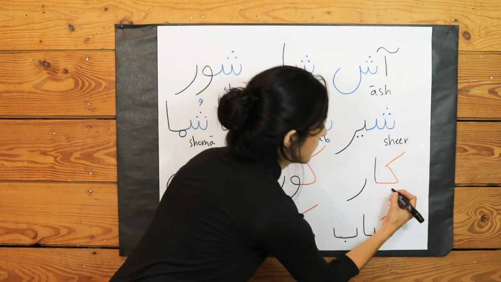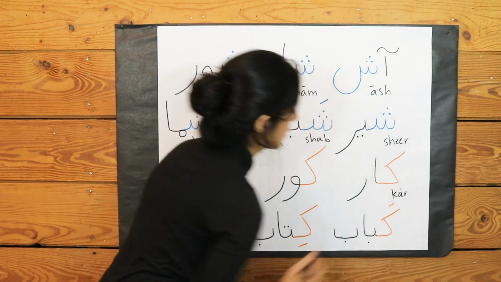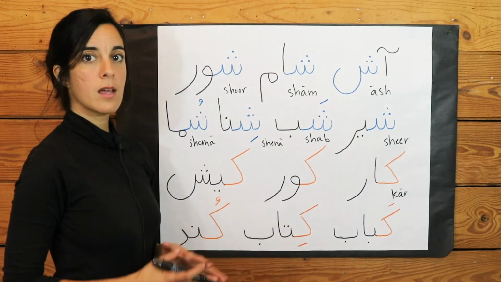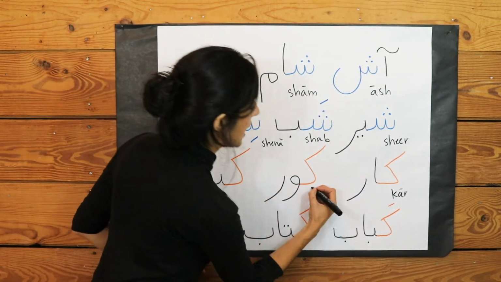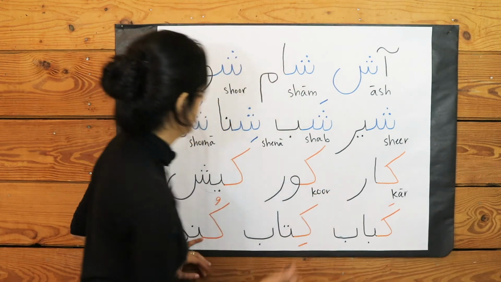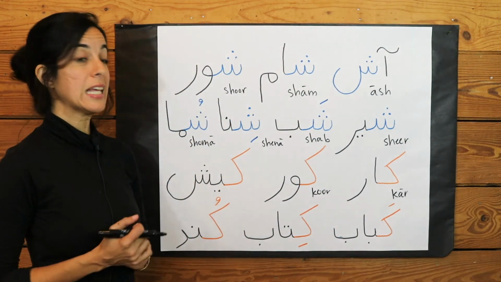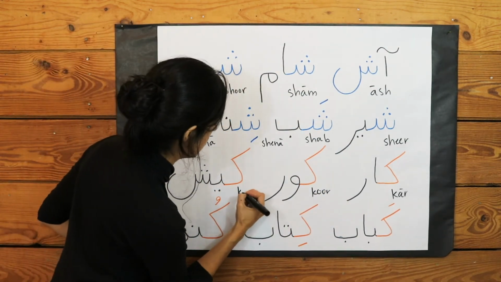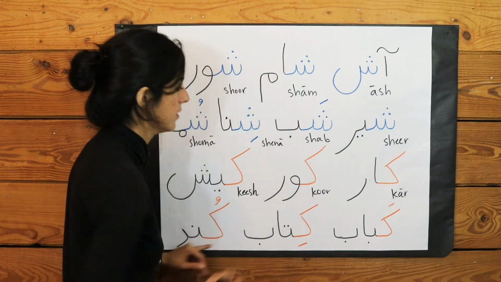Kar, meaning work. Kur, meaning blind. And Quiche, meaning strange island off the coast of Iran.